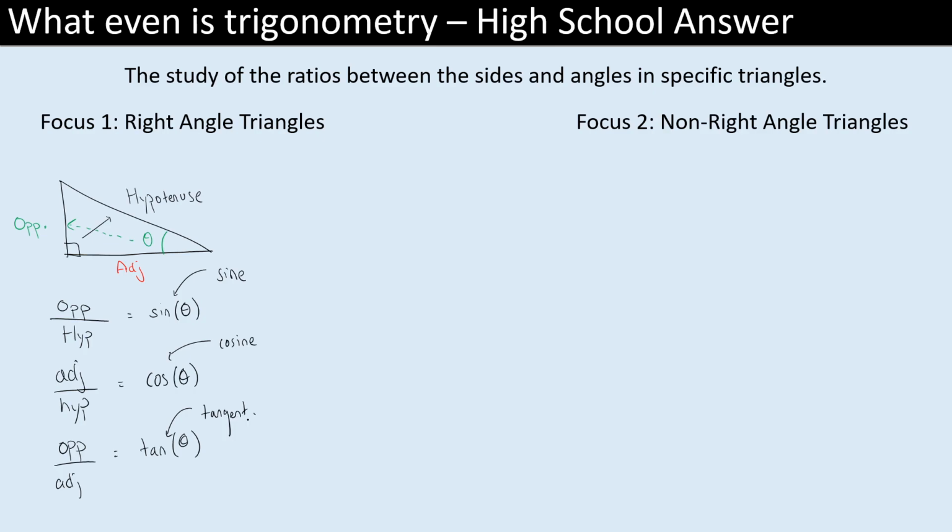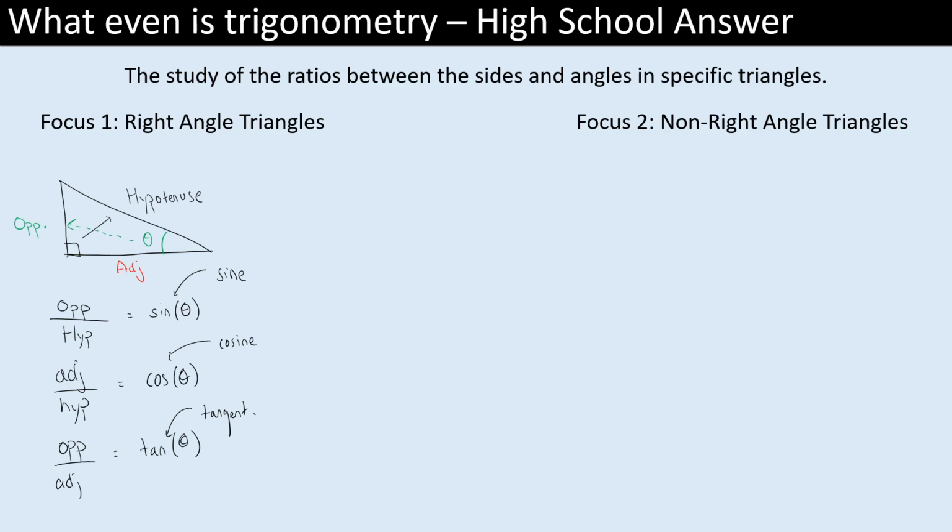Tangent. Okay. So what these three ratios do is say that if we know what angle theta is, pretend it was 30 degrees, I know what my opposite divided by my hypotenuse should equal.